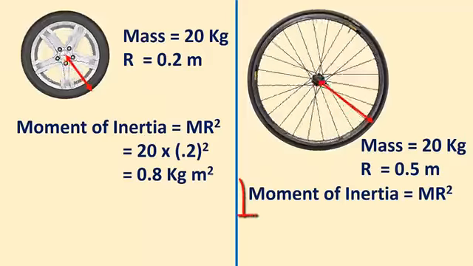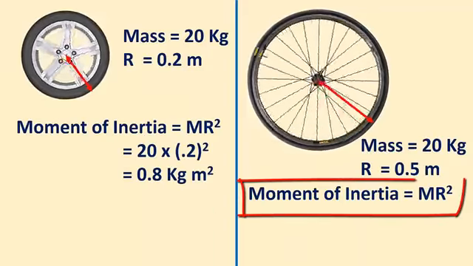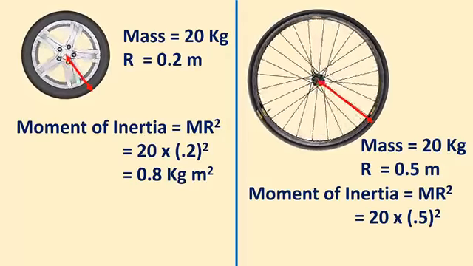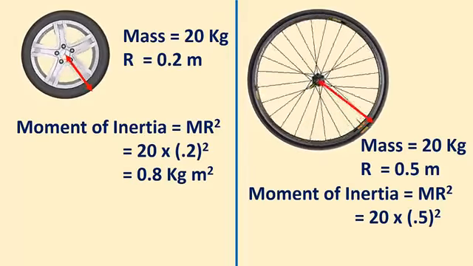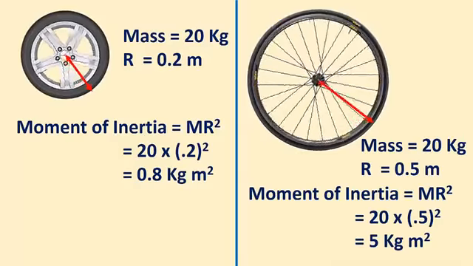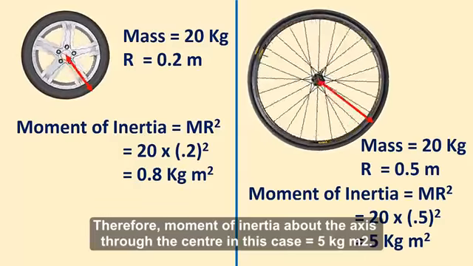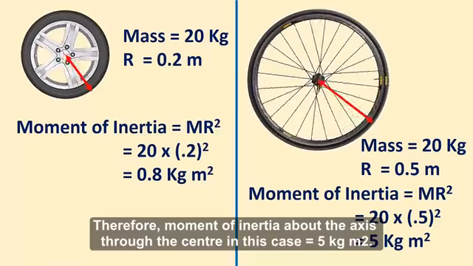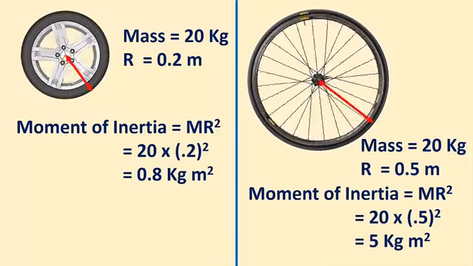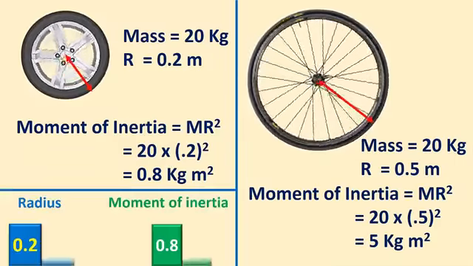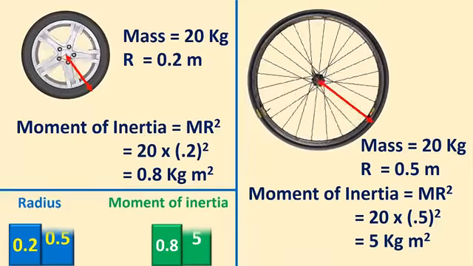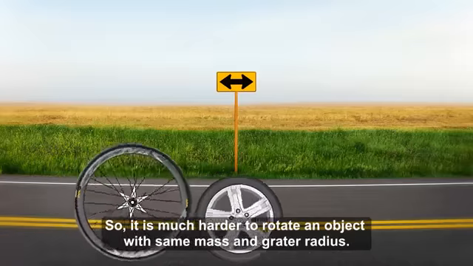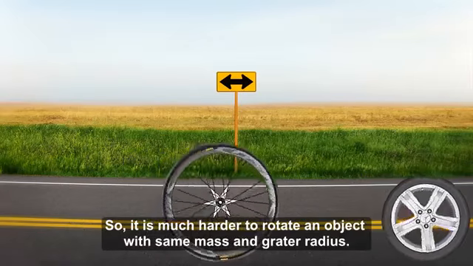The moment of inertia of the wheel about the axis of rotation is mr², which is equal to 20 × 0.5², which is equal to 5 kg·m². Therefore, the moment of inertia about the axis through the center in this case is 5 kg·m². If the radius increases, the moment of inertia also increases. So, it is much harder to rotate an object with the same mass and greater radius.